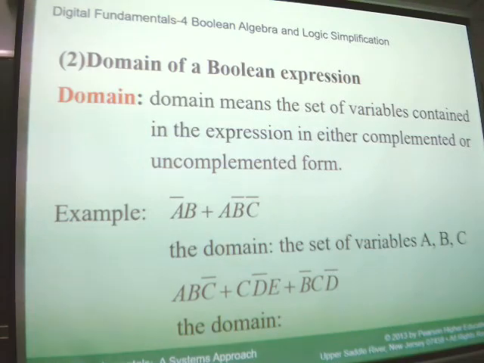For example, in this expression, the domain includes the set of variables A, B, and C. And in the second expression, the domain is the set of variables A, B, C, D, E, five variables. That is the definition of domain.